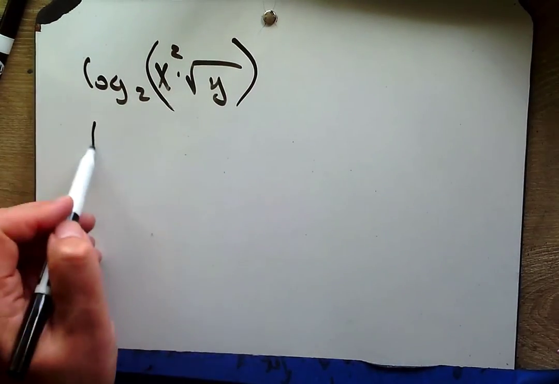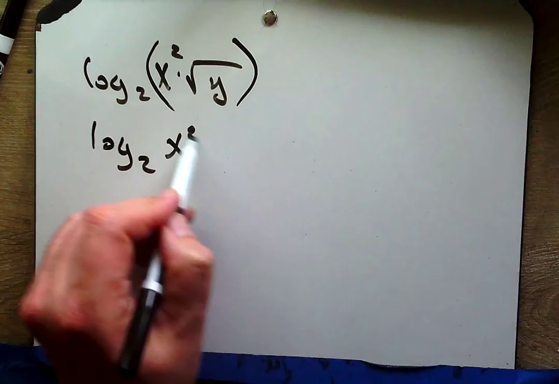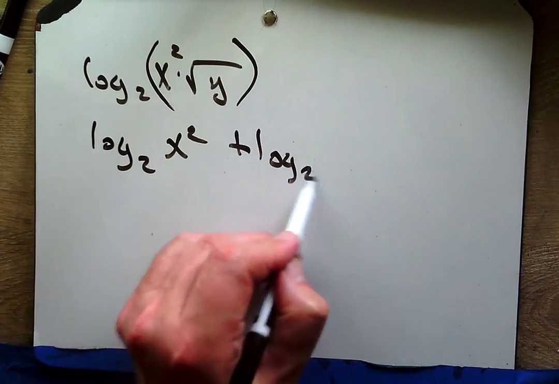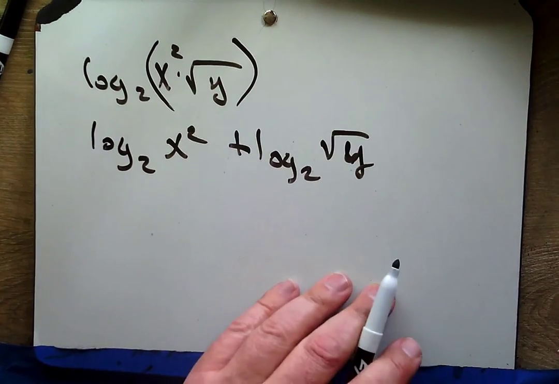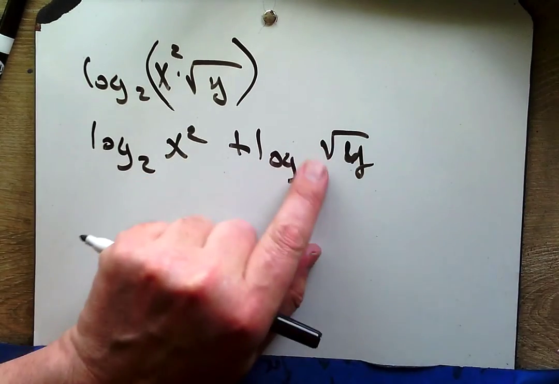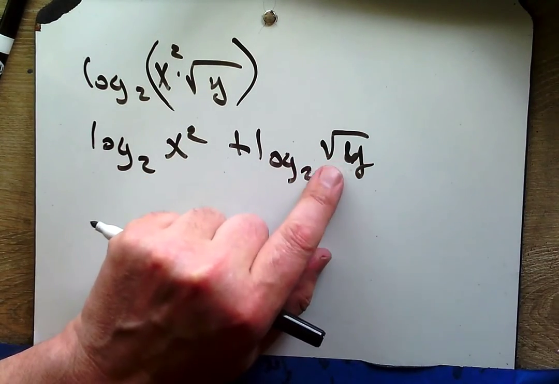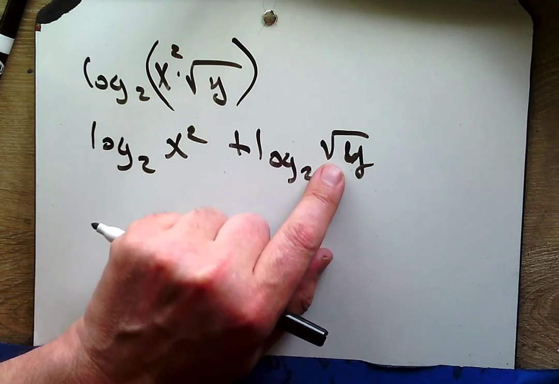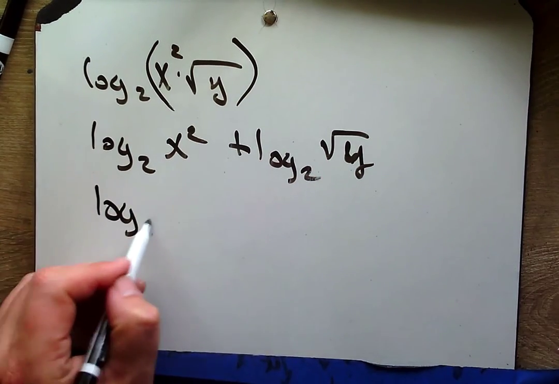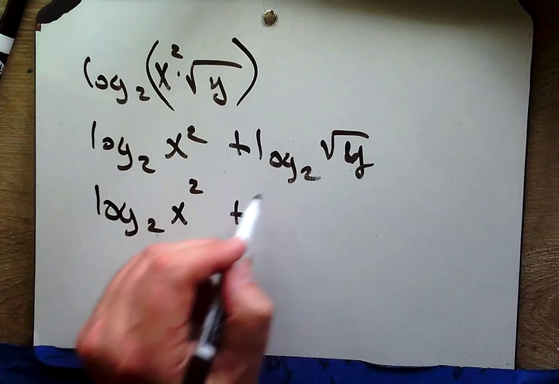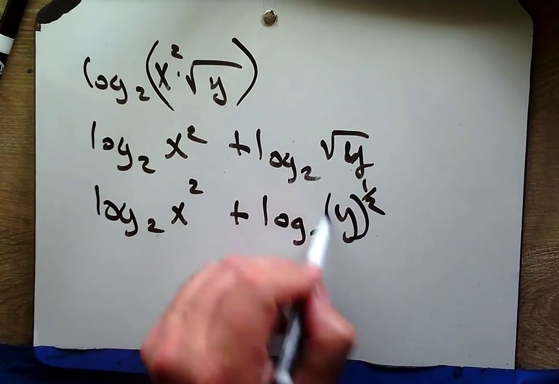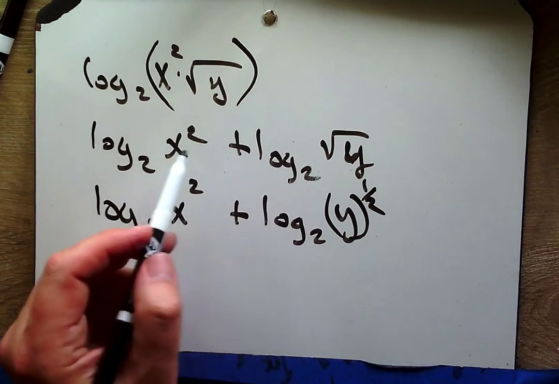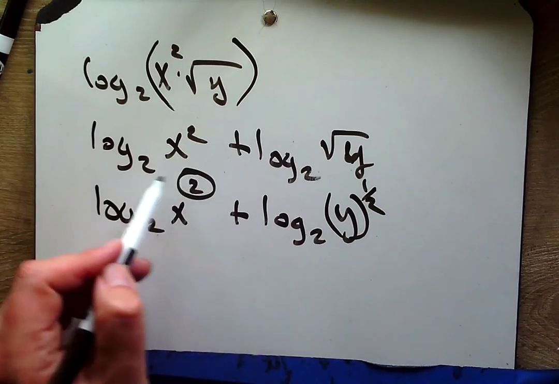I said log base 2 of x squared plus log base 2 of square root of y. Okay, again, like I've been saying since algebra basics, I'm not keen on that. I would much rather write this as y to the 1/2 power. How come? Because I know about the power rule.